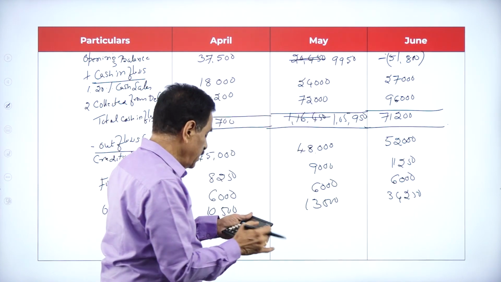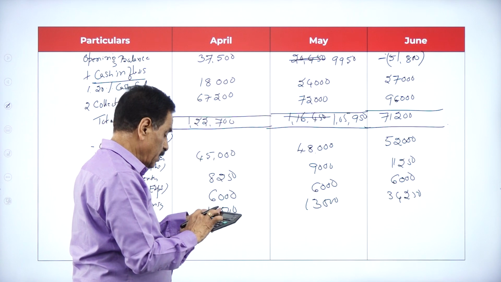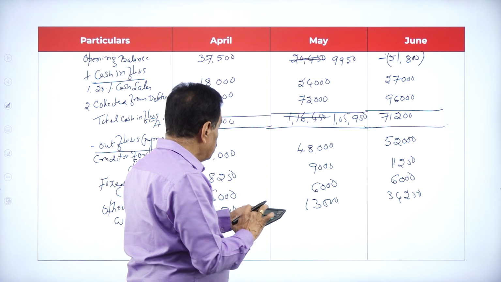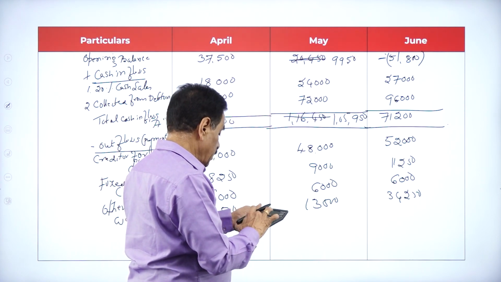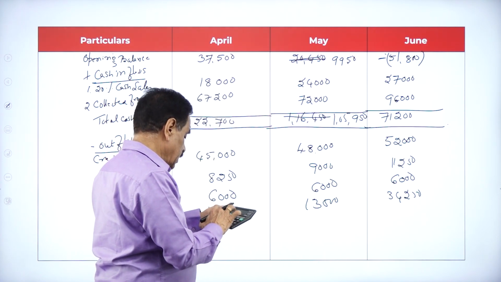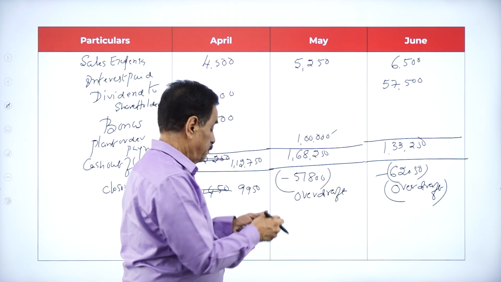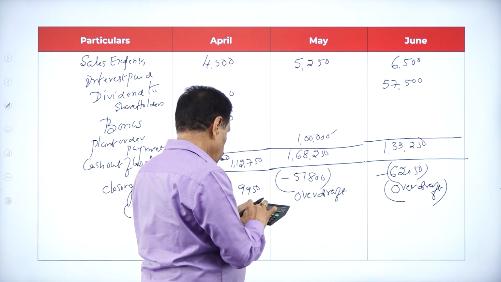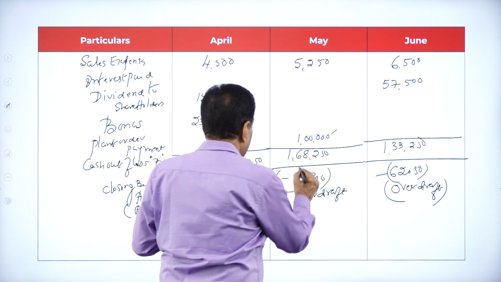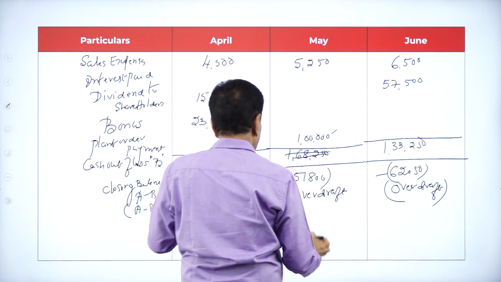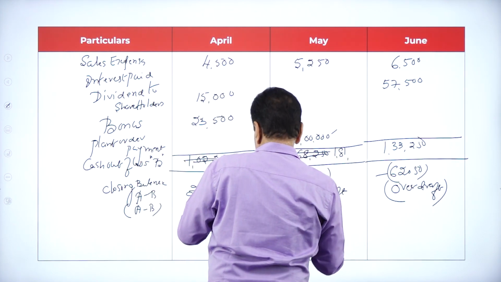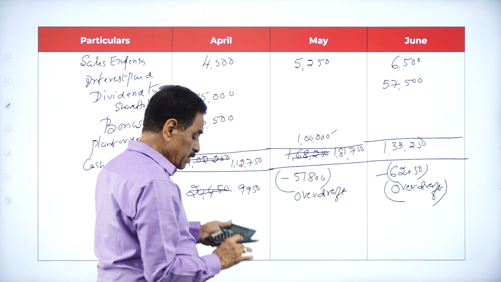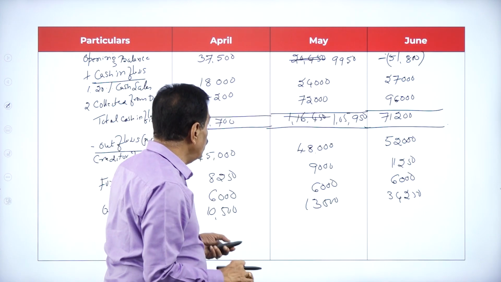This is 48,000 plus 9,000 plus 6,000 plus 13,500 plus 5,250 plus 1 lakh. 1,81,750. Only total changes. Your inflows.